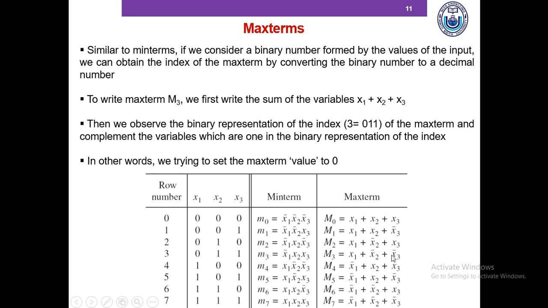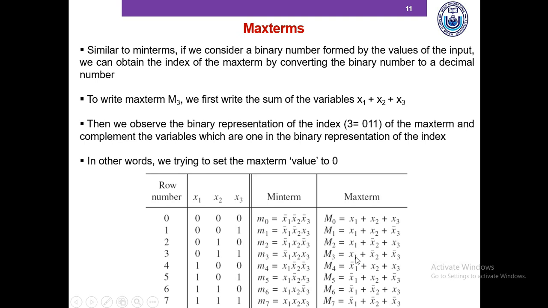This is basically quite opposite to minterms, where we were trying to set the complements such that the whole thing is equal to 1, whereas in a maxterm we're trying to set the complements such that the whole thing sums to 0. In other words, we're trying to set the maxterm value equal to 0.